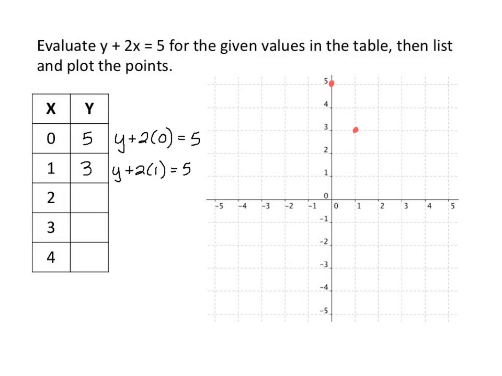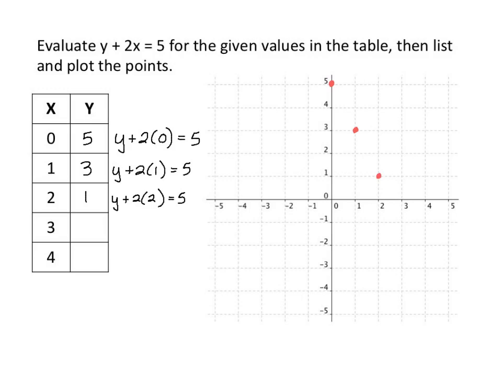The third x value I'm asked to plug in is 2, so y plus 2 times 2 equals 5. 2 times 2 is 4, and I know that 1 plus 4 is 5, so my y value here must be 1. So my next ordered pair is 2, 1, telling me to go right 2, up 1. So here's our third point.